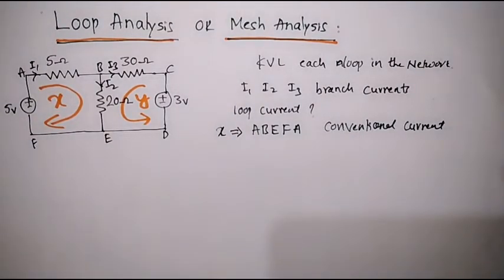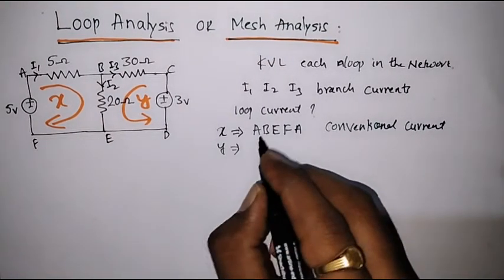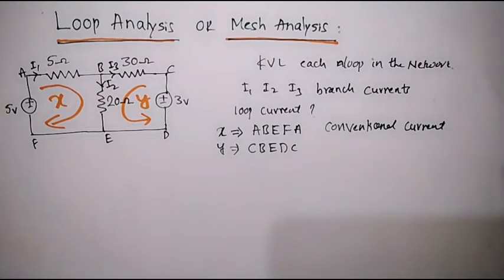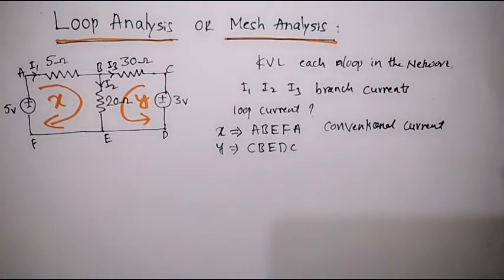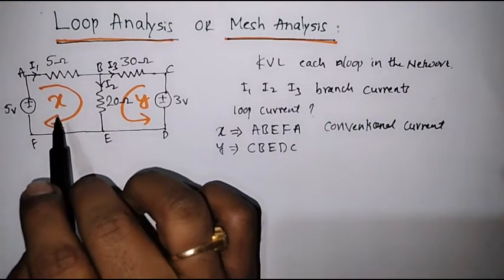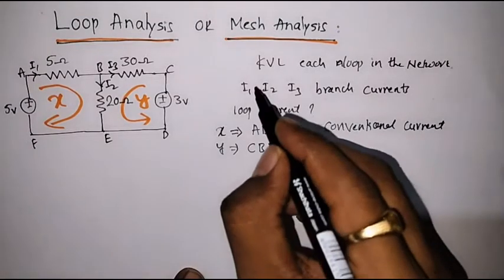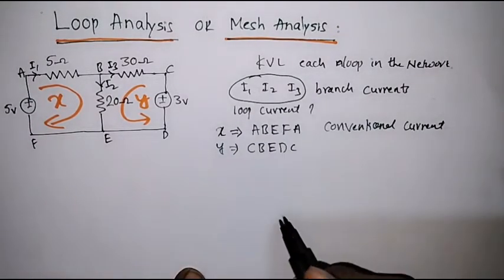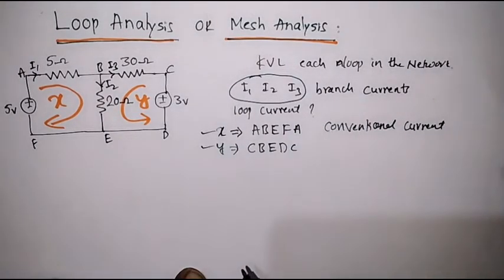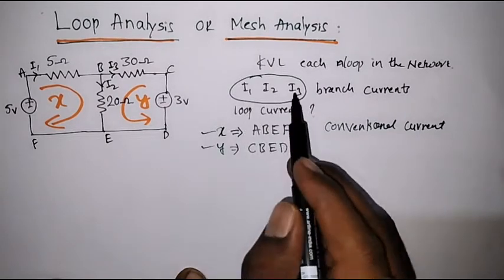Now in loop analysis, I can say current Y is flowing in the loop C, B, E, D, C. In loop analysis, we are supposed to apply KVL to each loop. So instead of finding the branch currents I1, I2, I3, we will calculate the loop currents X and Y, because once we find X and Y, we can easily find I1, I2, I3.